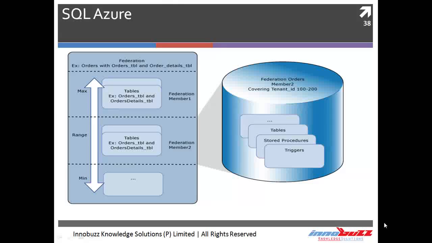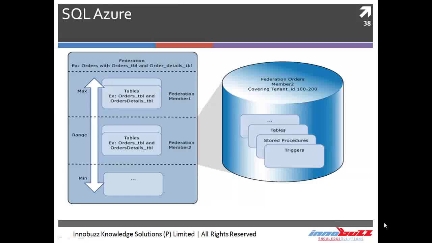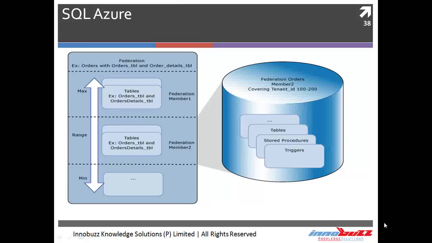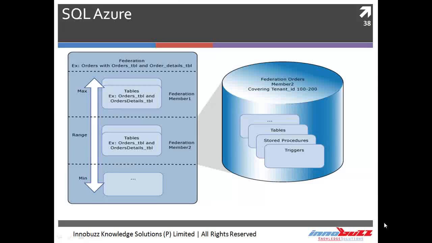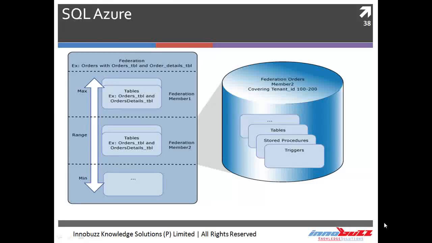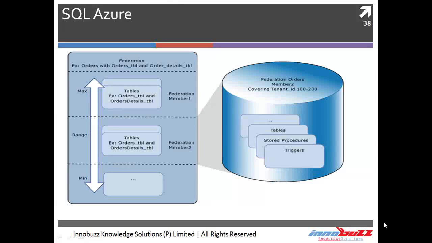The rows within each federated table that specify the same tenant ID value would be stored in the same federation or atomic unit. You must also consider how to insert new records in such a way that all federation members are equally utilized. Instead of storing all new records in one member, determining how to distribute new data among federation members must be handled at the application layer.